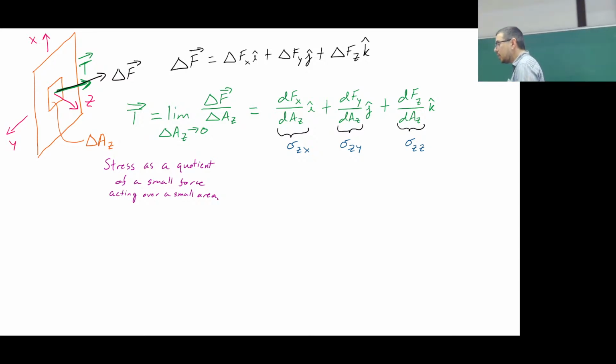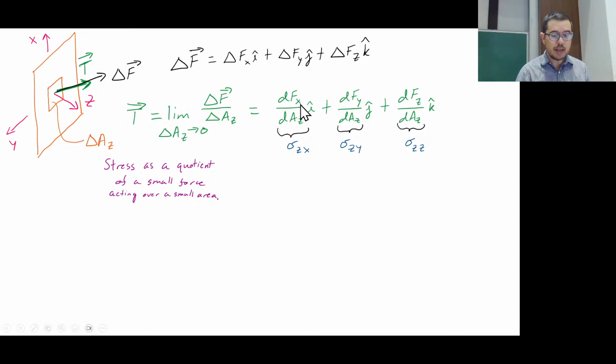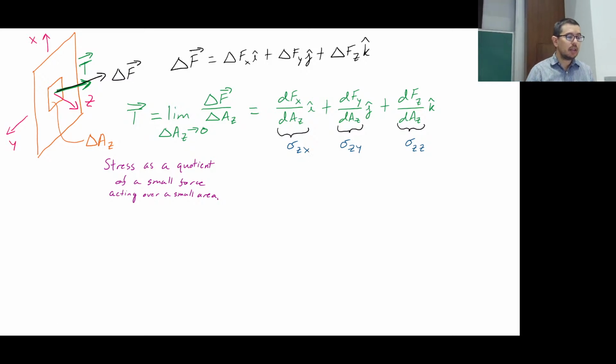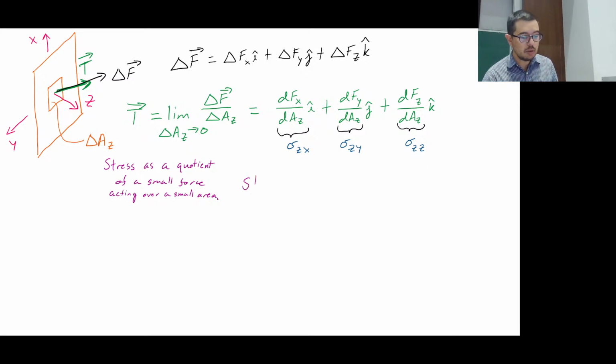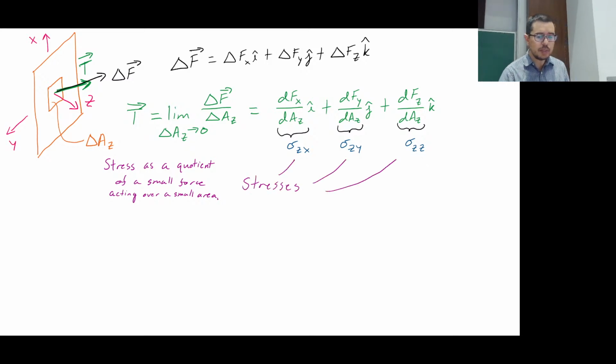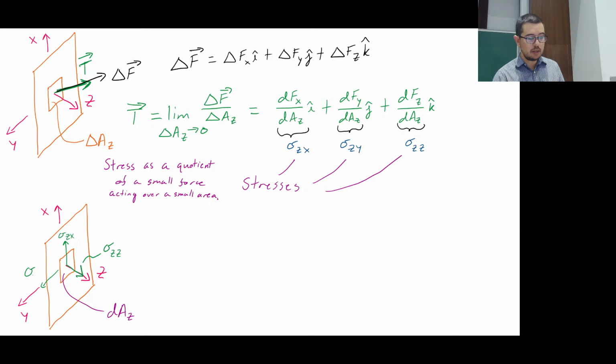This one has a component in the x direction acting on the z face. This has a component in the y direction acting on the z face. This has a component in the z direction acting on the z face. So we can write this traction vector in terms of these stresses, and it looks like this.